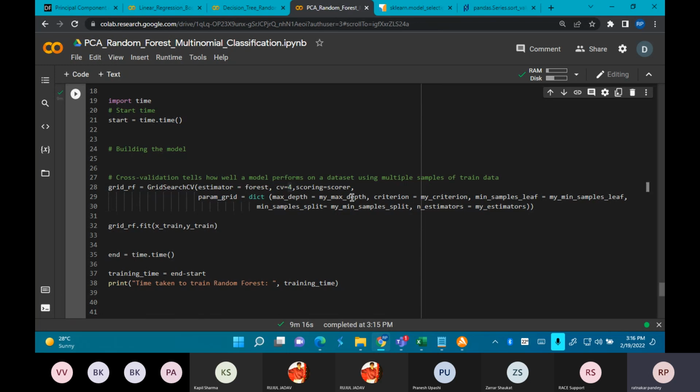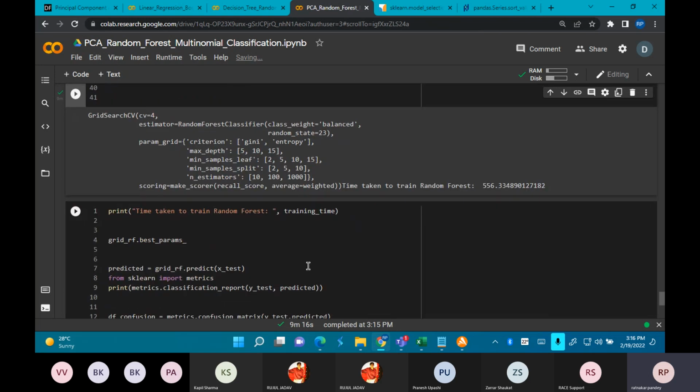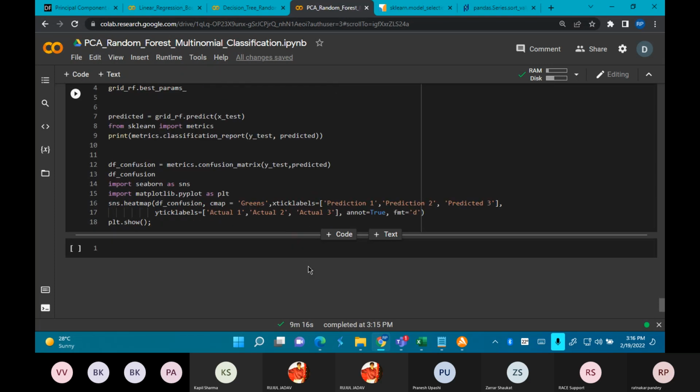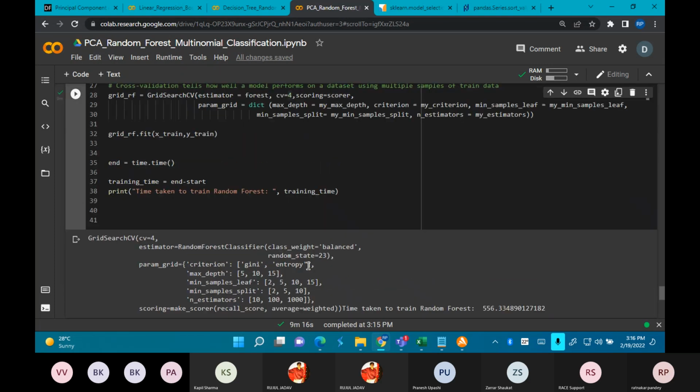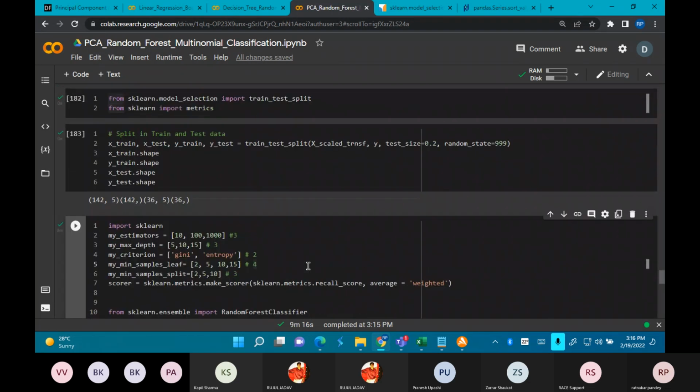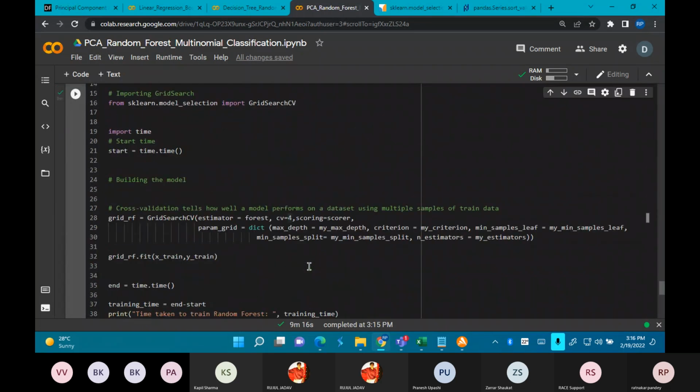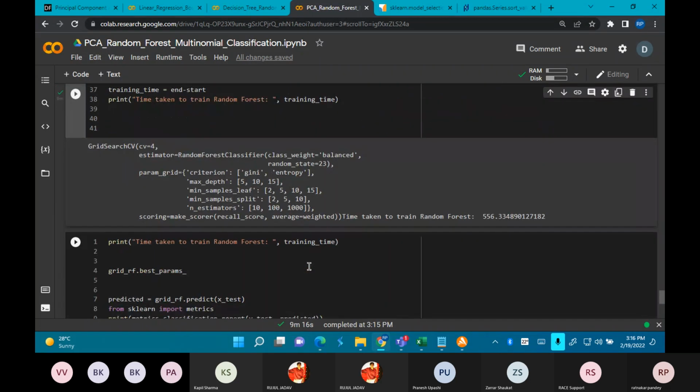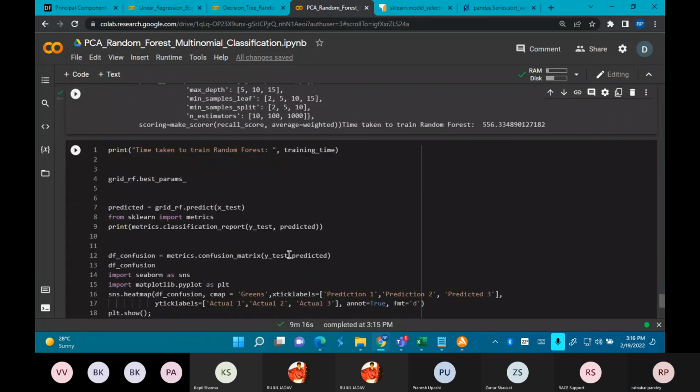It's done. Yeah. Finally. So time-wise, I don't think I have gained anything. It doesn't look like it. It's $556, and earlier it was 700 something, so slightly less.